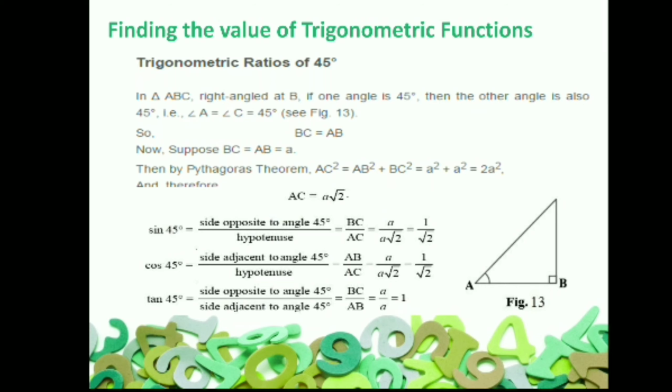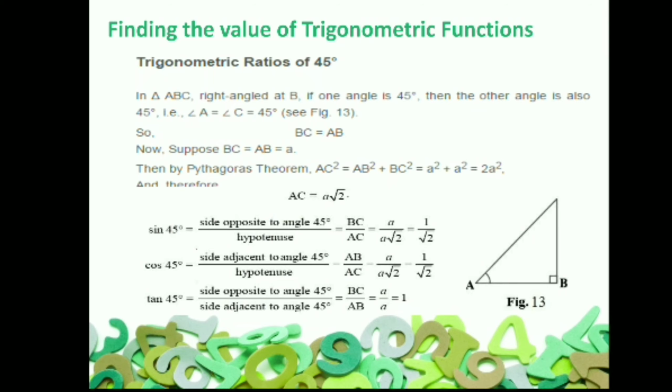that's why tan 45 is equal to 1. Okay, if we want to find the value of cosec 45, we know that cosec is the reciprocal of sine, so the reciprocal of 1 upon root 2 is root 2.